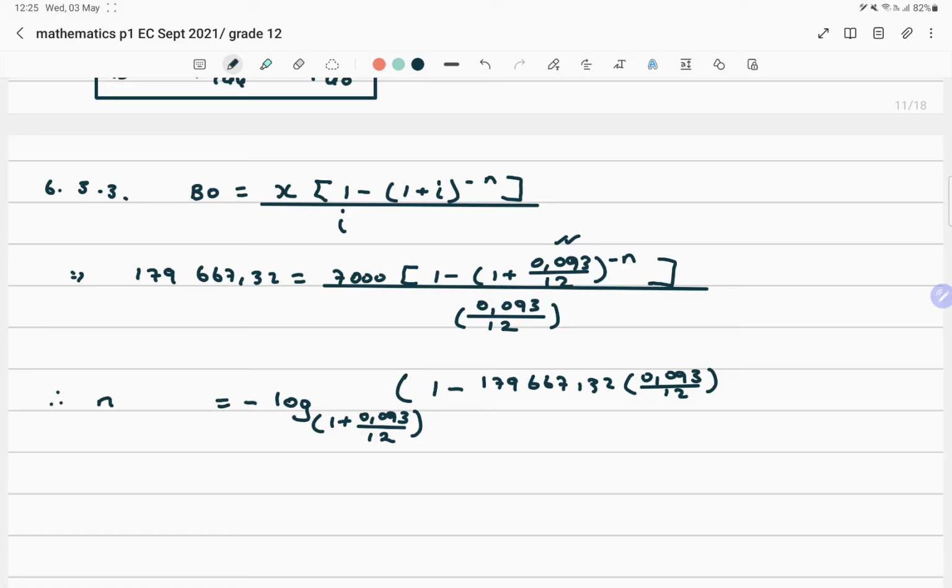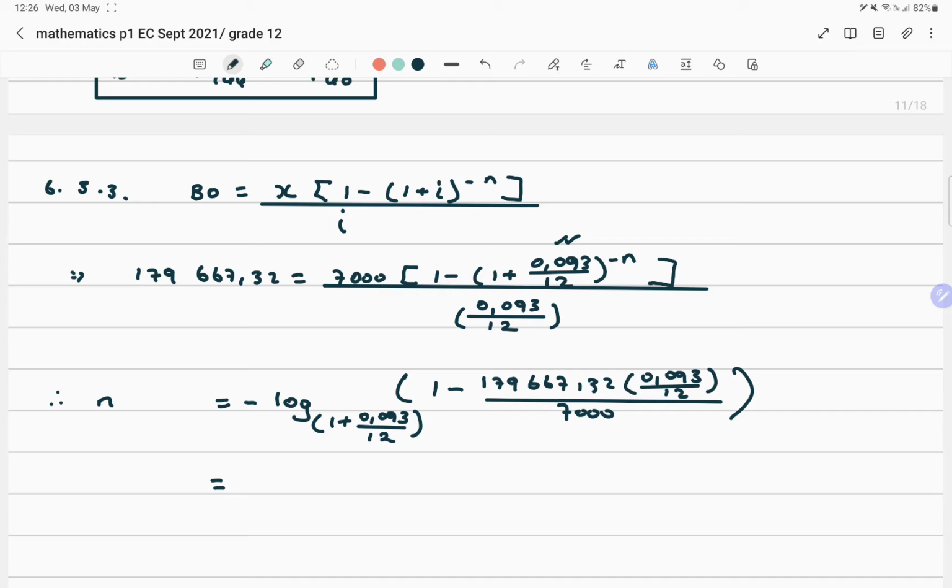Okay, and then this one, we're going to divide it by that 7,000. Okay, so that is the log of this number to this particular base. So let's sort it out.